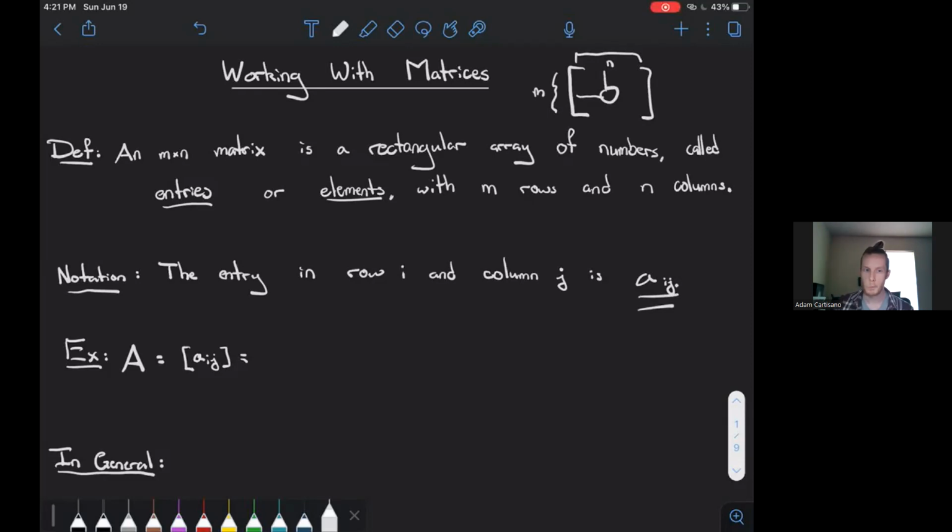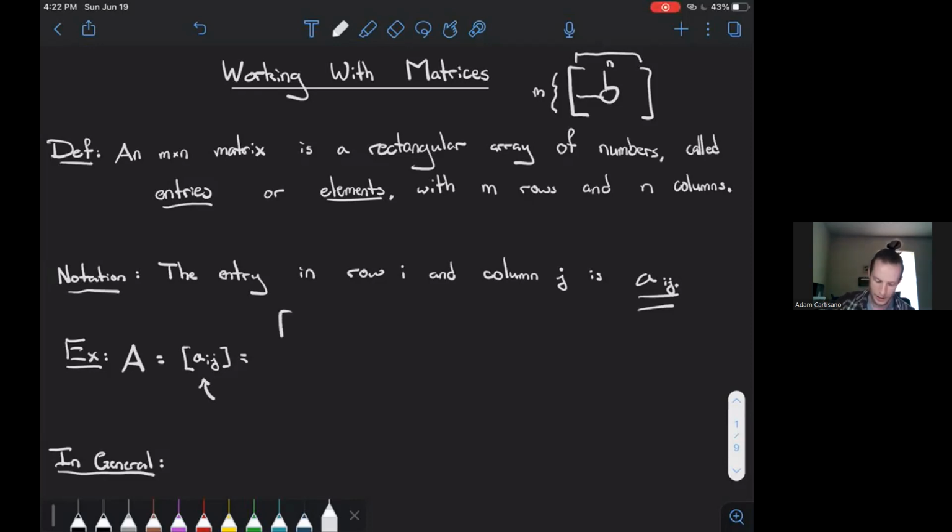In general, if we were to write down a matrix A, the notation that we like to use is this shorthand with brackets. We put in brackets the notation that we'll use to represent any entry in that matrix. What this notation is saying is that the matrix A is the matrix whose entries are lowercase aij.